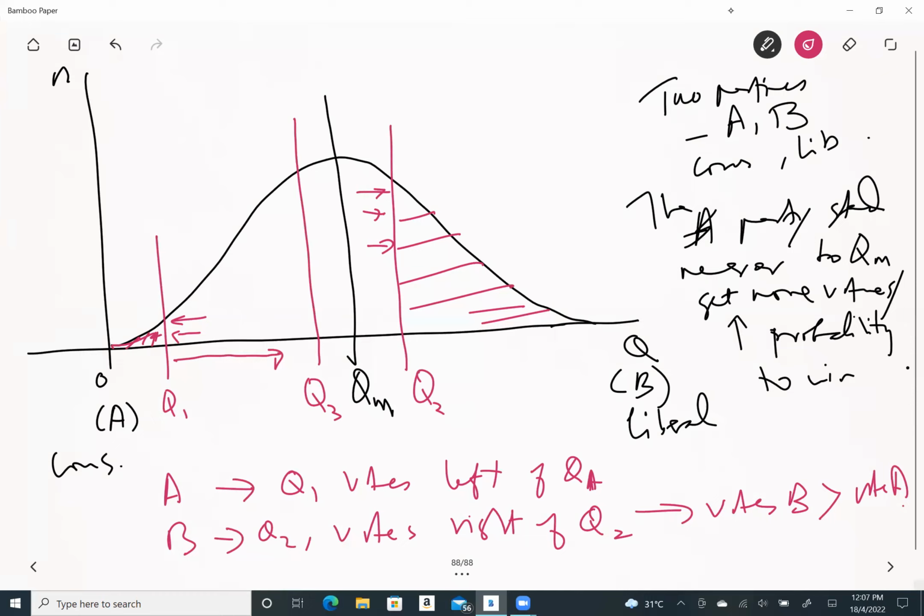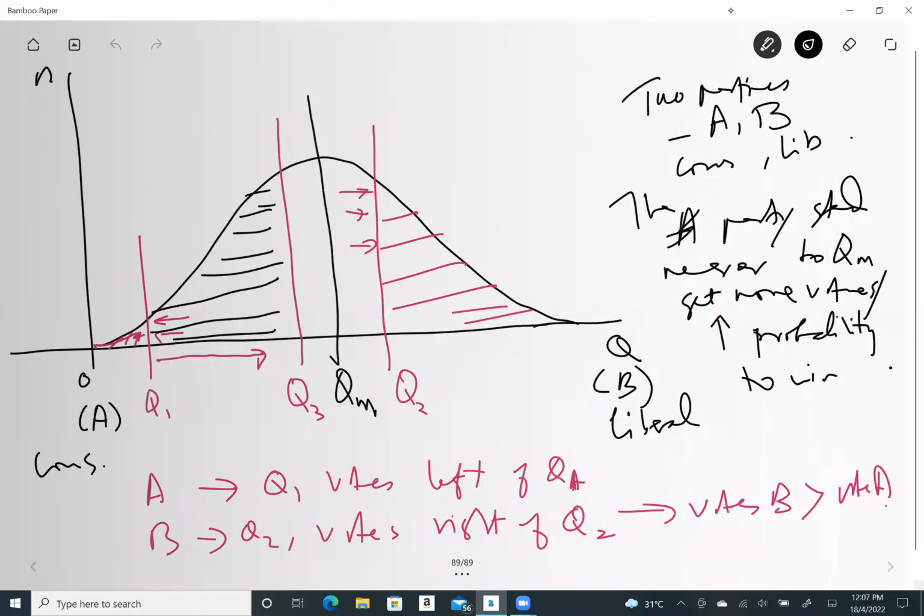But the vote for B is still bigger than the vote for A, so B's probability of winning is higher.